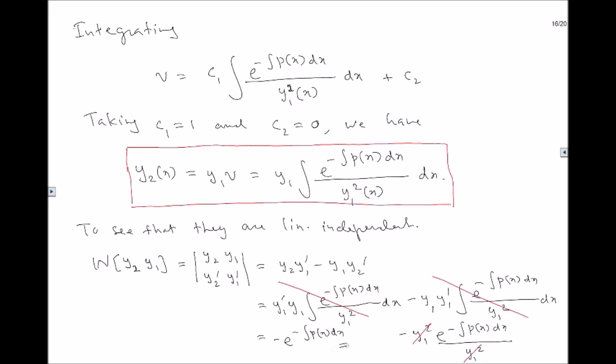In general, this is not equal to 0, so therefore the two functions have to be linearly independent by the Wronskian test. Okay, so y1 and y2 are linearly independent. That's the proof of the reduction of order formula.